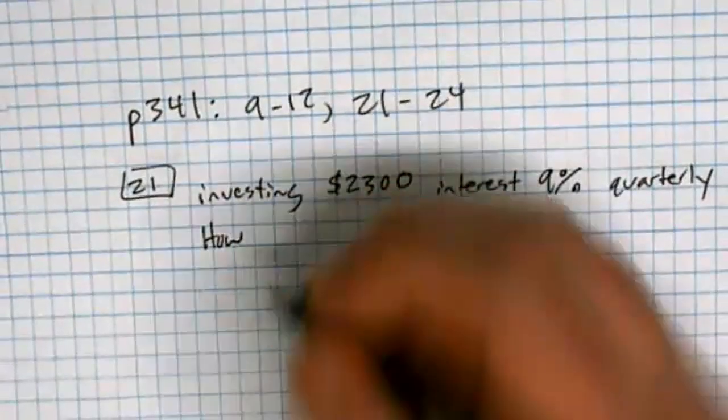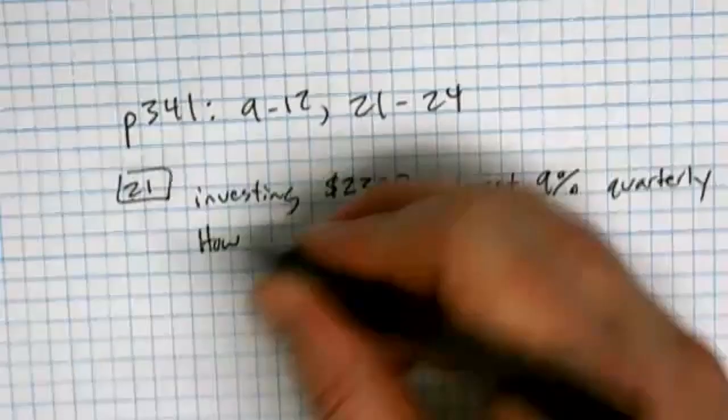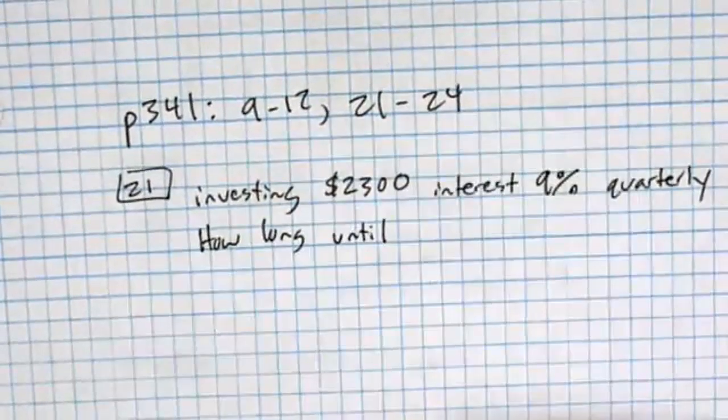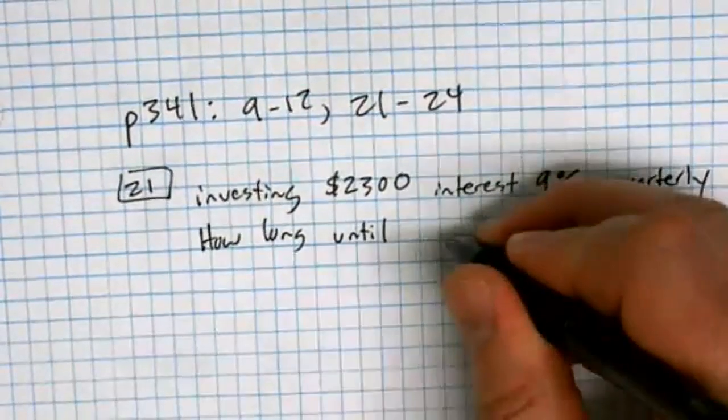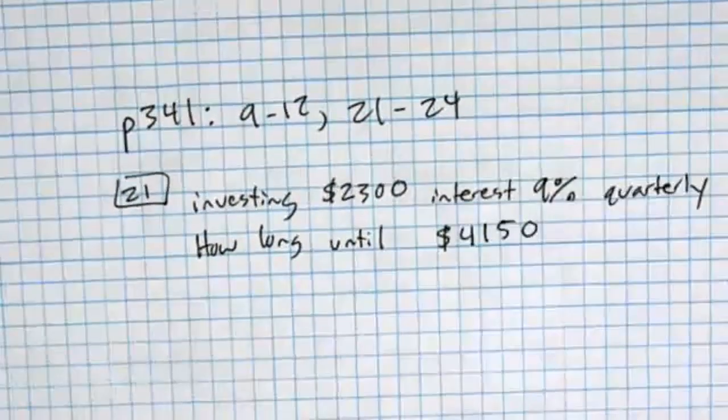And this is a word problem, so we're going to have to write an equation and then we'll need to solve it. How long until John has, it's a very specific amount. John must be saving up for something very specific. $41,050.